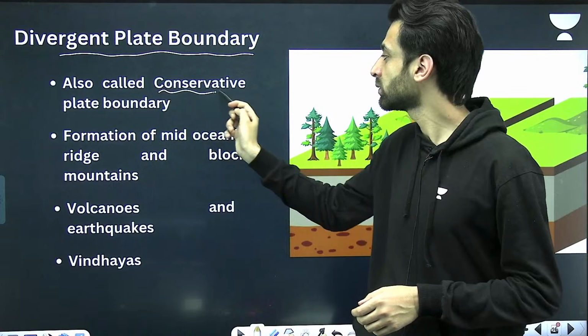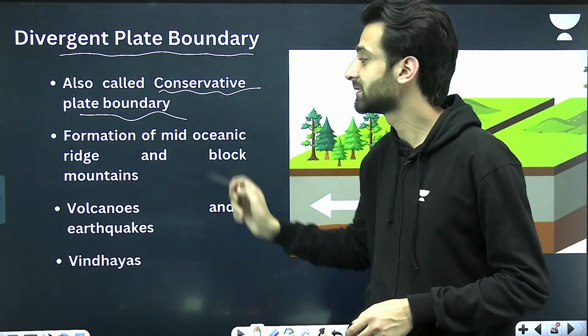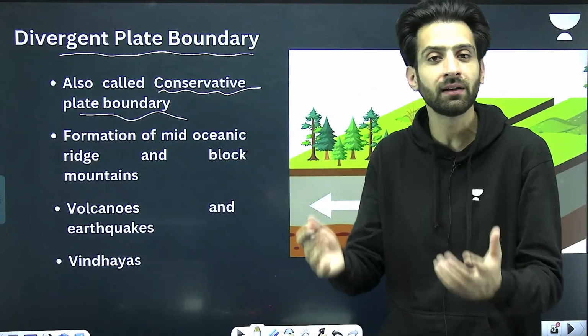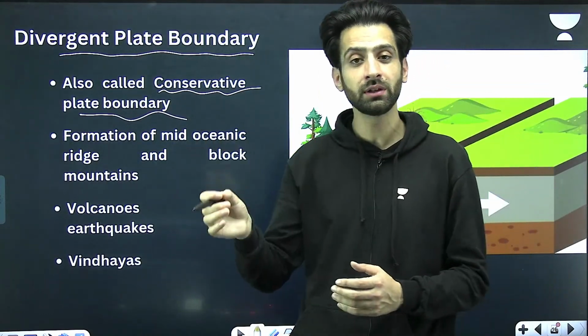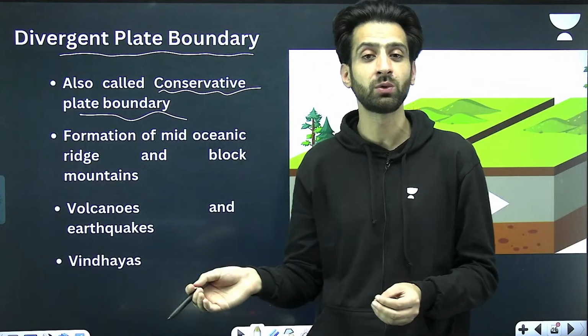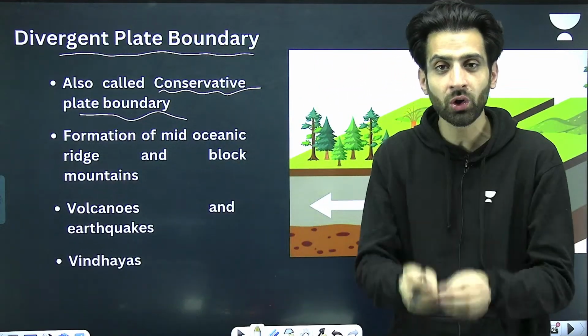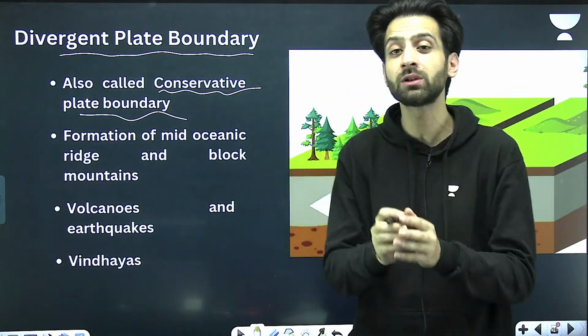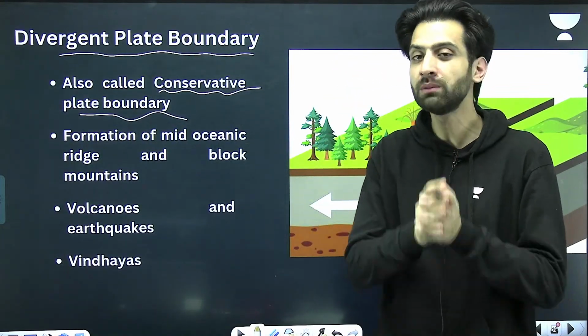So these are also called conservative plate boundaries. Why are these called conservative plate boundaries? Because new crust is being developed. In the case of convergent plate boundaries, the crust was getting destroyed. Whenever the plates would meet, the crust would get destroyed. That is why they were called destructive plate boundaries.